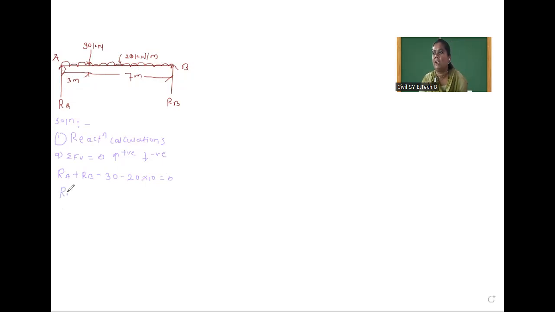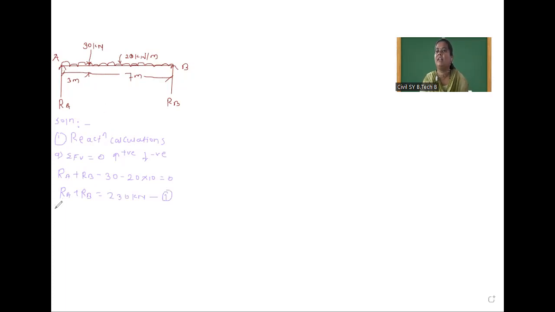So RA plus RB equals 30 plus 20 into 10, that is 230 kilonewton. So this is our equation 1.